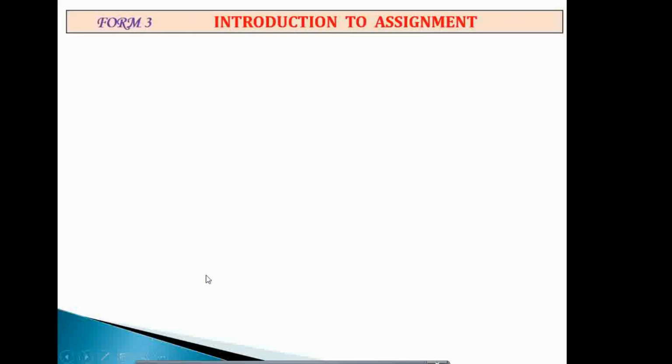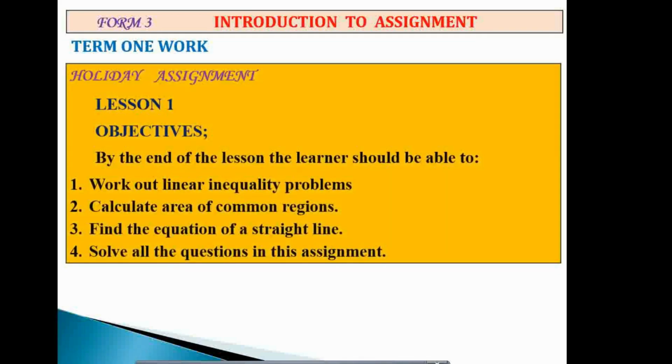So we have the introduction to the assignment, and this assignment is meant for the Term 1 work 2022. This holiday assignment will be like our lesson 1, and in each and every lesson we normally have an objective.